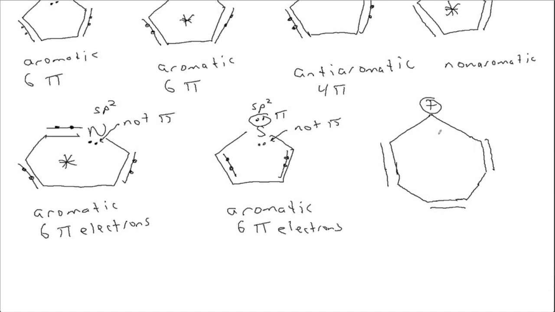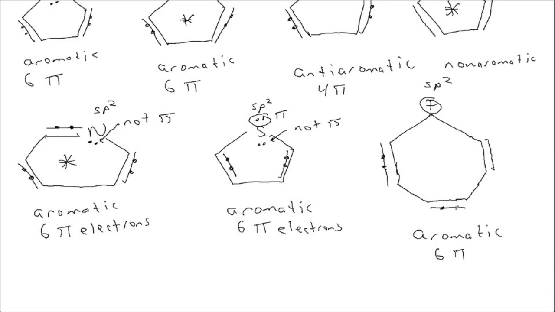Okay, try this example. I would say this is aromatic. Okay, what's the hybridization of this atom? sp2. Because of the rule. And how many pi electrons? 6.